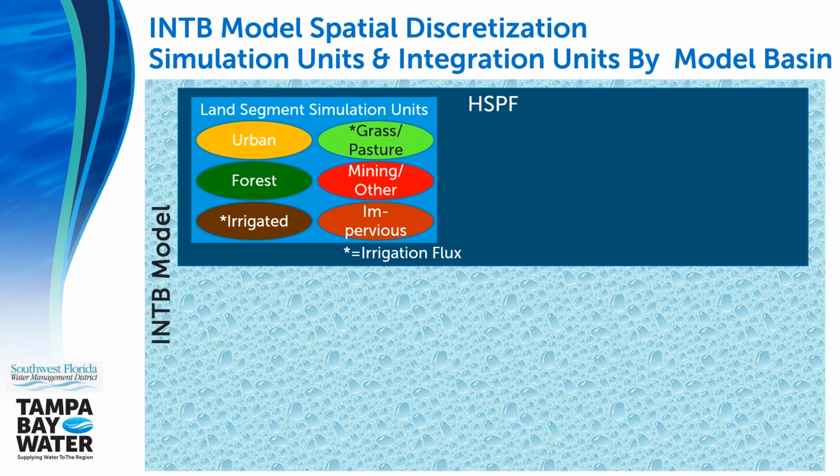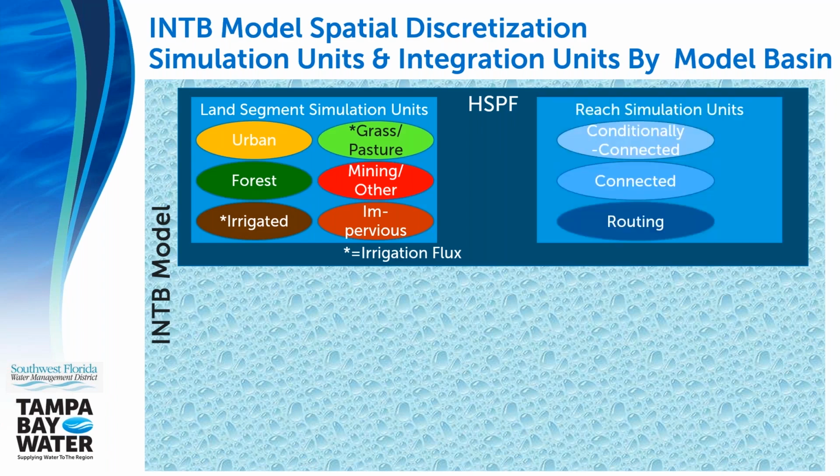And then all of the imperviousness that exists in each basin is simulated by one impervious land segment. So we can have up to 6 different land segment simulation units in each basin, 5 pervious and 1 impervious. Water bodies are discretized into these reach simulation units.